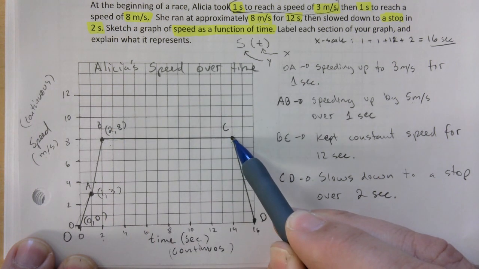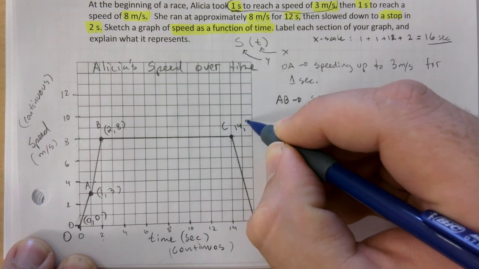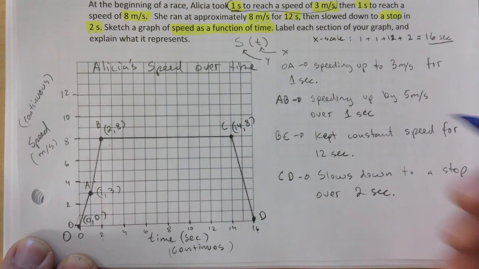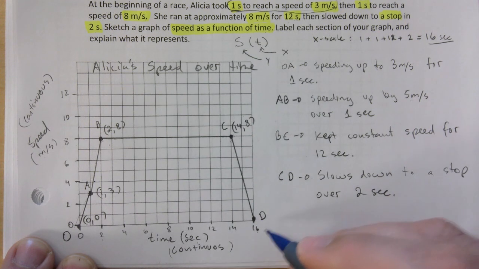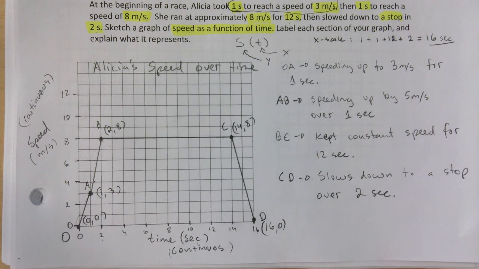This point right here is 14, 8. And this point right here is 16, 0, point D. It's good to start labeling your graphs, okay?